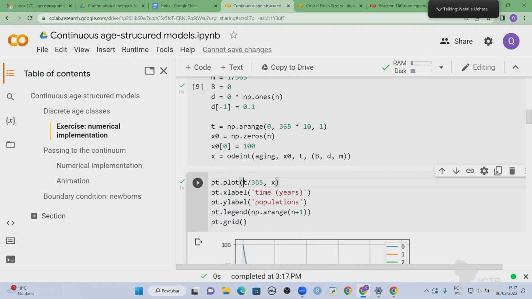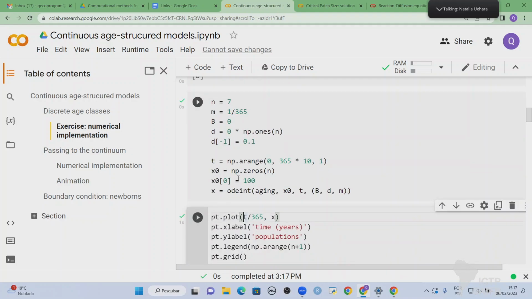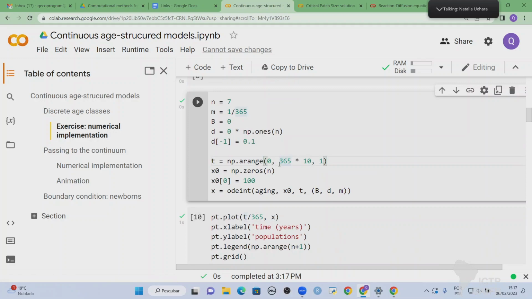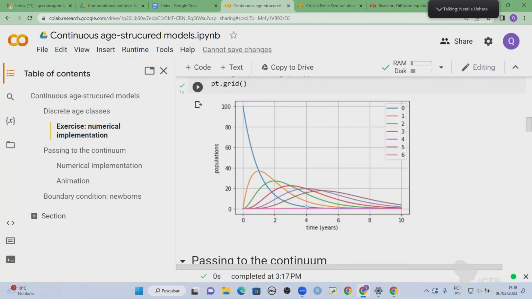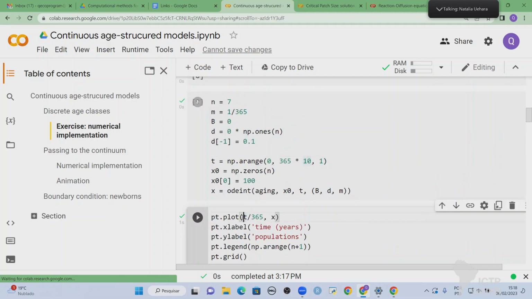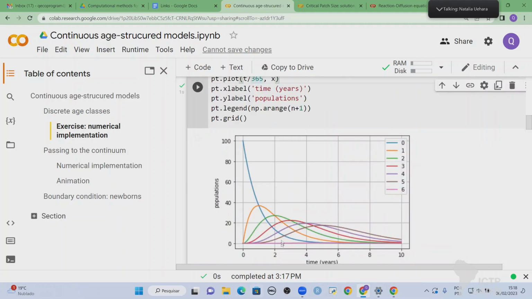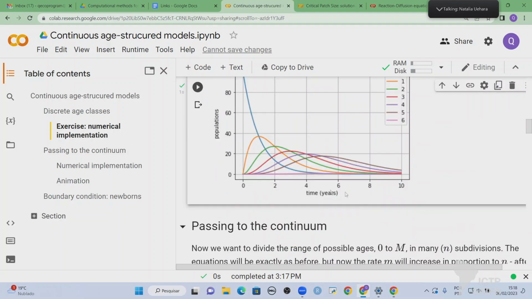That is, t here was measured in days, so I had here 365 times 10, that is, run for 10 years. But now when I'm writing this scale here, I divided t by 365, so that this t that appears here is actually in years, not in days, just so that we can see more easily what's going on.